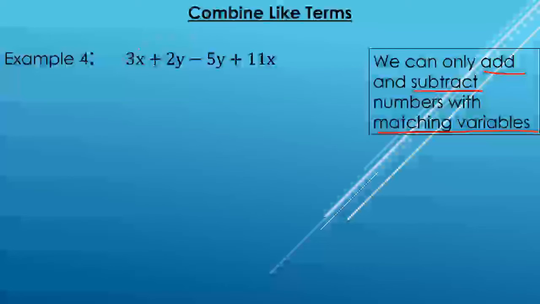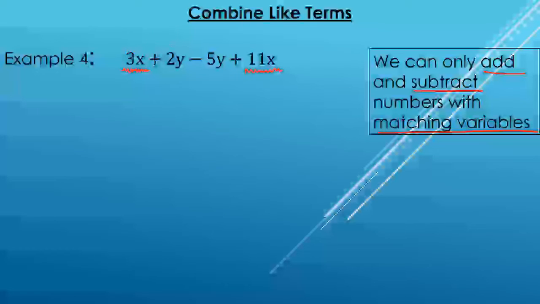So when I look at this problem here, we have 3x plus 2y minus 5y plus 11x. Which ones are like terms? Which ones match? I scanned through and I see that we've got an x number and later another x number. Those can add or subtract together.